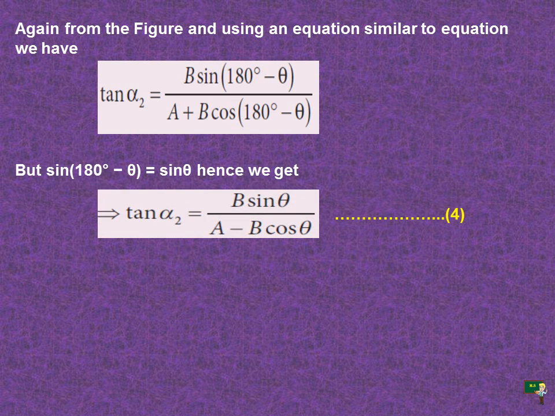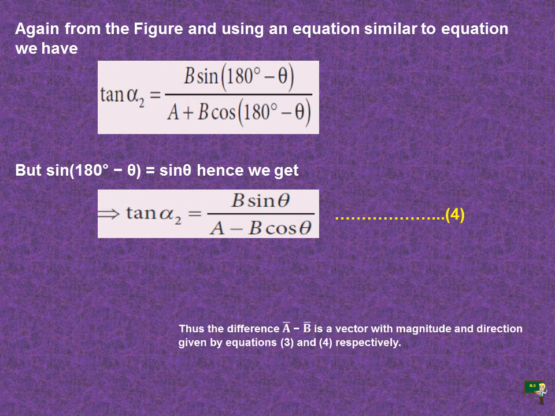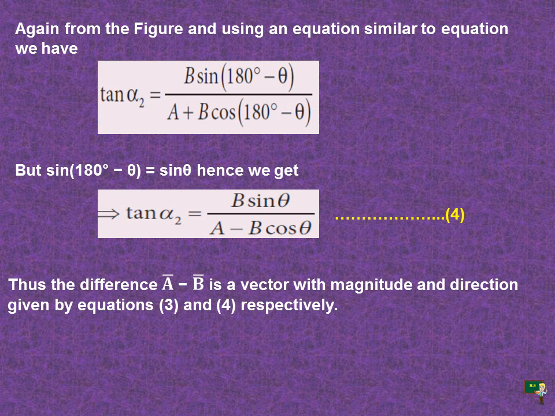Now sin of 180 degree minus theta is equal to sin theta, so you can substitute B sin theta, not minus, and in the denominator we have A minus B cos theta. Thus the difference A vector minus B vector is a vector with magnitude and direction given by equations 3 and 4 respectively.